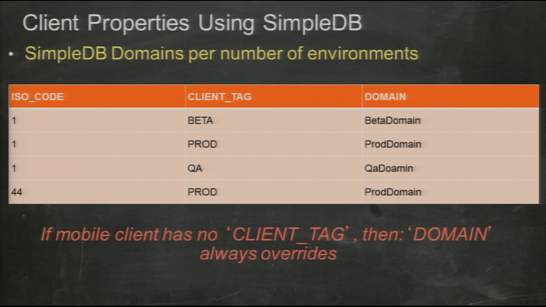But there's another issue, and that issue is how do you specify what the IP addresses are? Because the mobile client doesn't know exactly what the DNS entries are and what other parameters it needs to receive.